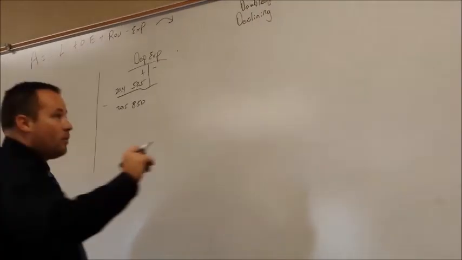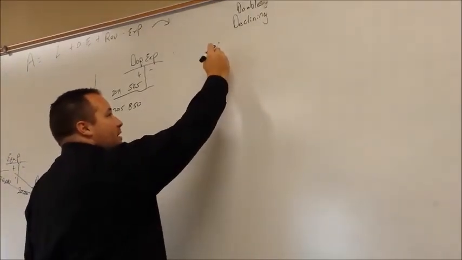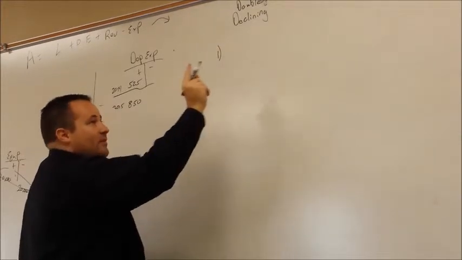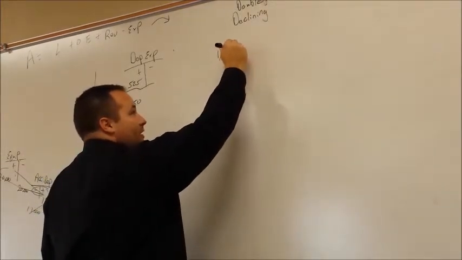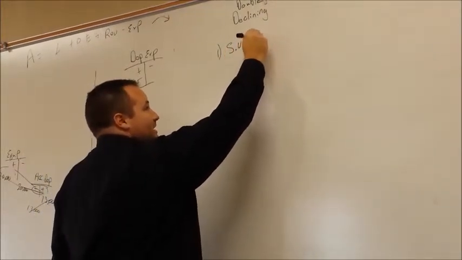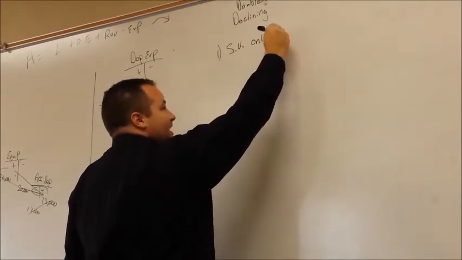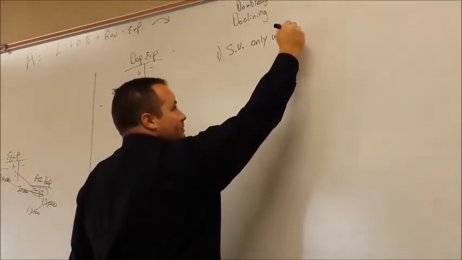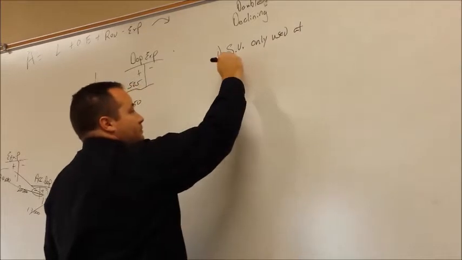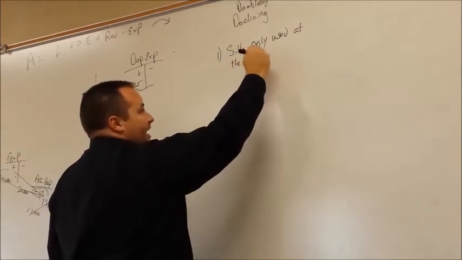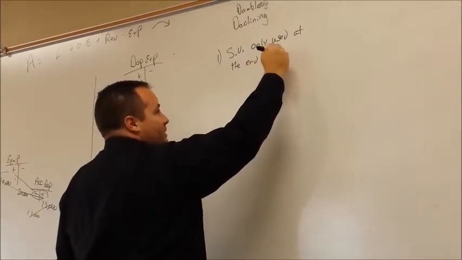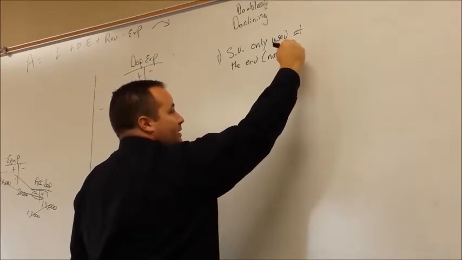With double declining, there's a couple key things that we need to know. The first key thing is the salvage value is only used at the end. Not the beginning formula like with straight line.